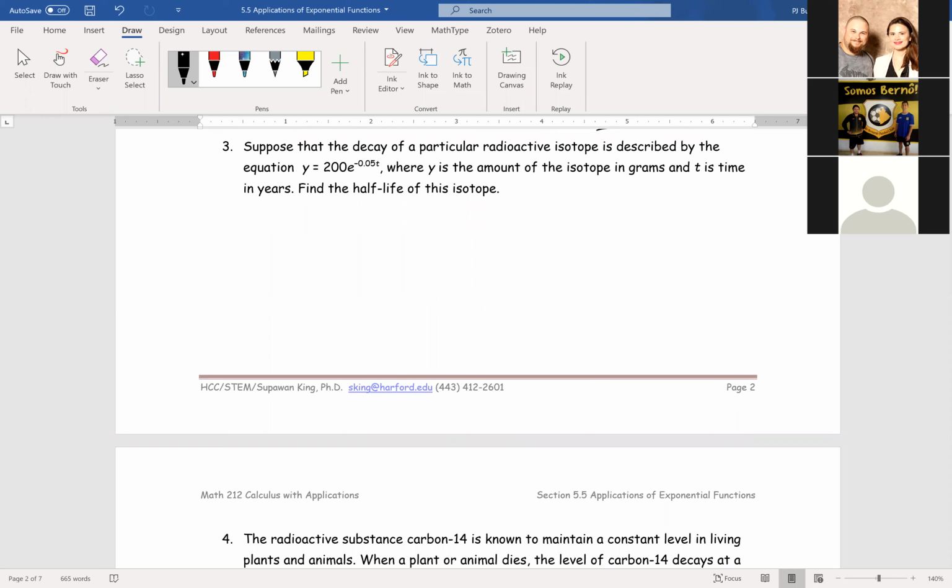Suppose that the decay of a particular radioactive isotope is described by the equation given here, where Y is the amount of the isotope in grams and T is time in years. Find the half-life. So again, half-life means if we started with 200, we got to get down to 100.